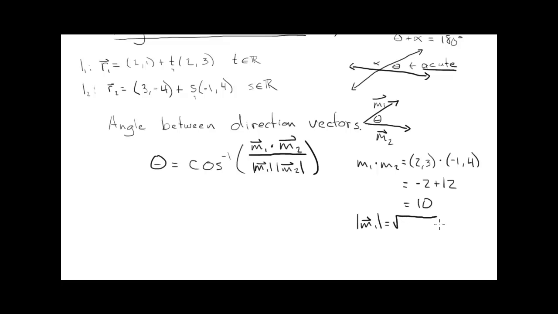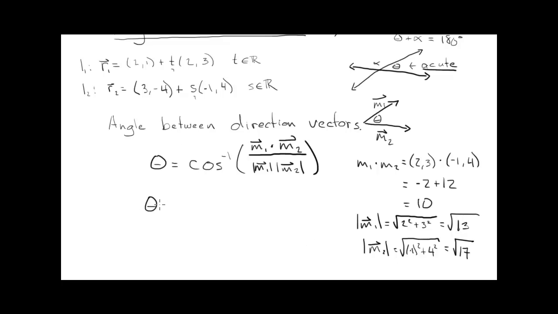It's the square root of 2 squared plus 3 squared, so the square root of 4 plus 9, or root 13. And the magnitude of M2 is the square root of -1 squared plus 4 squared, so 1 plus 16, or root 17.